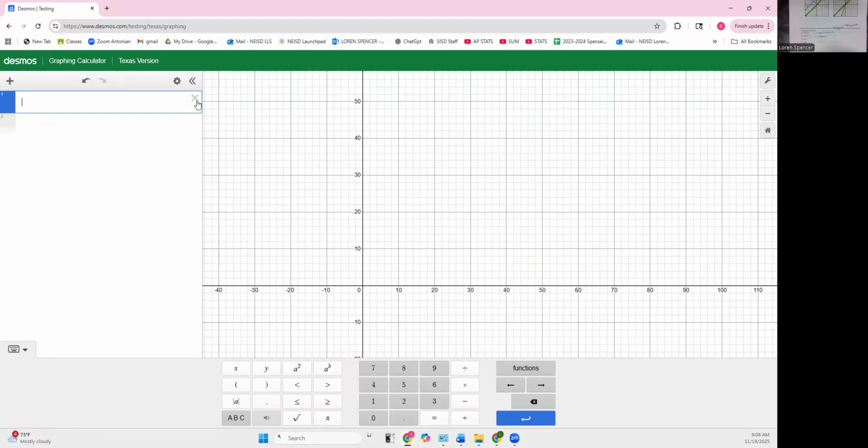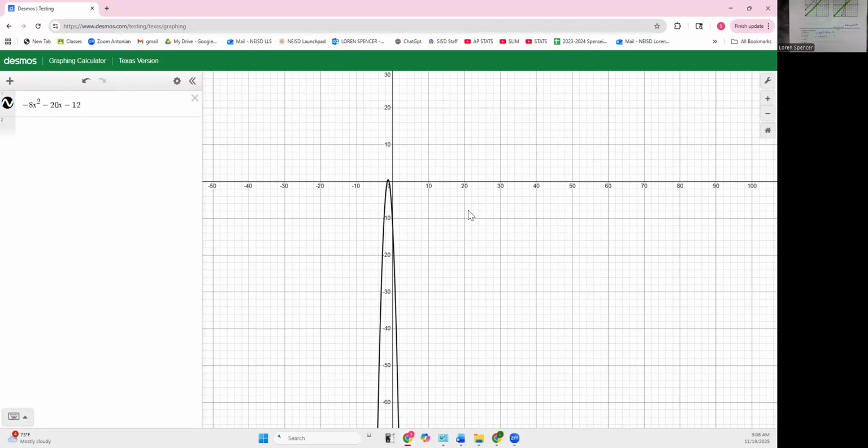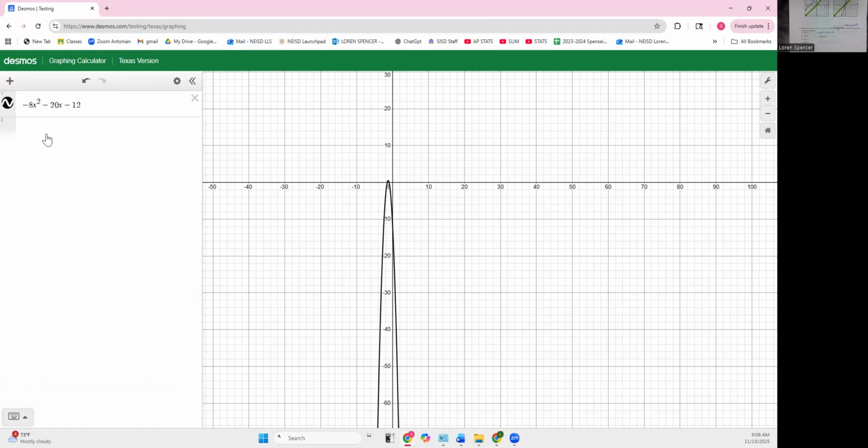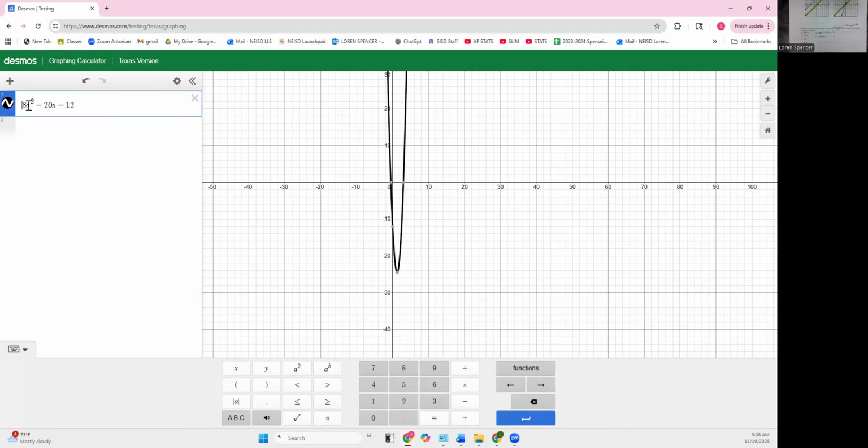And we have negative 8x squared minus 20x minus 12. And oh, it's not a negative. It should have been a positive. That's a mistake. 8x squared. So there it is. There's my graph.